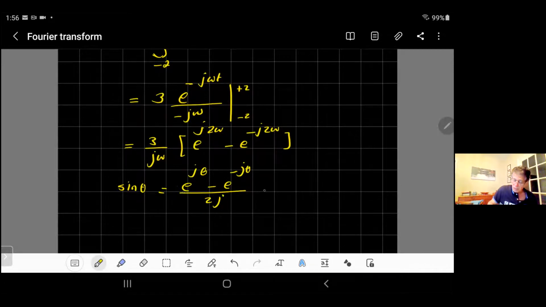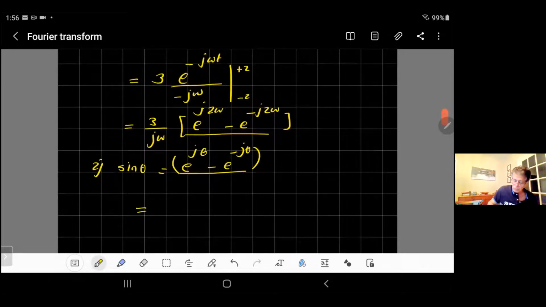If you multiply both sides by 2j, you get this expression, which is similar to ours. So F of omega is equal to 3 over j omega, and this expression will be replaced by 2j sine theta, where theta here is equal to 2 omega.